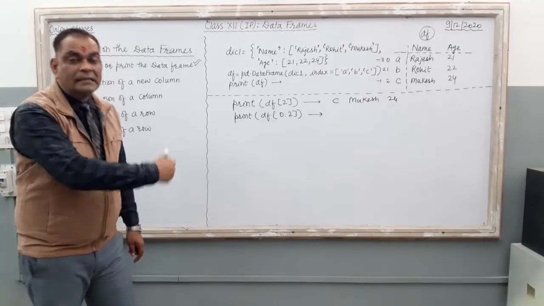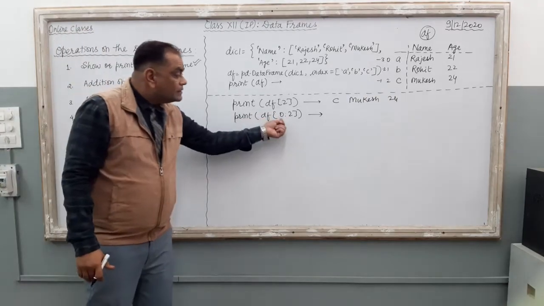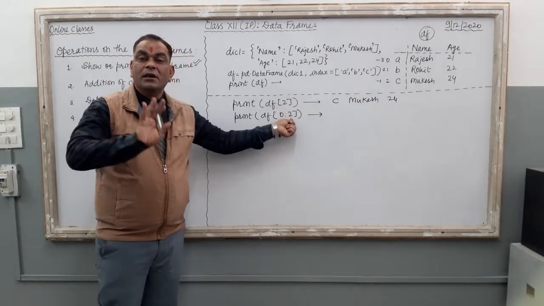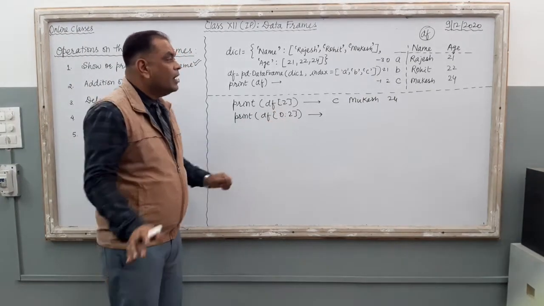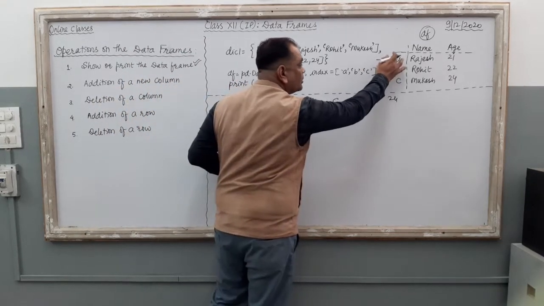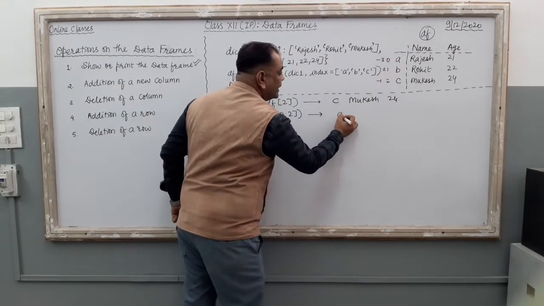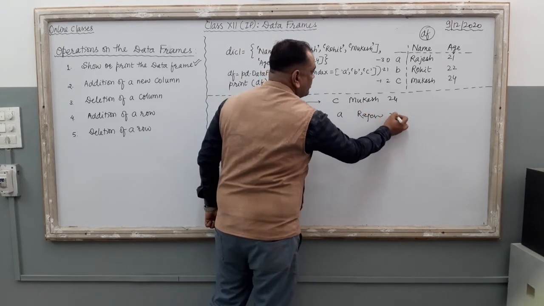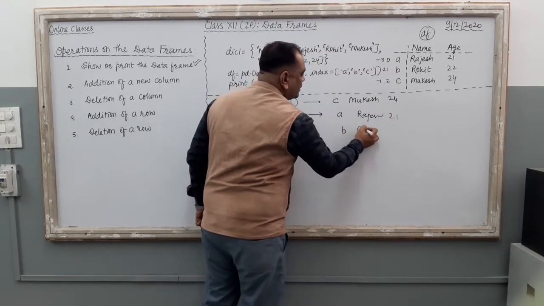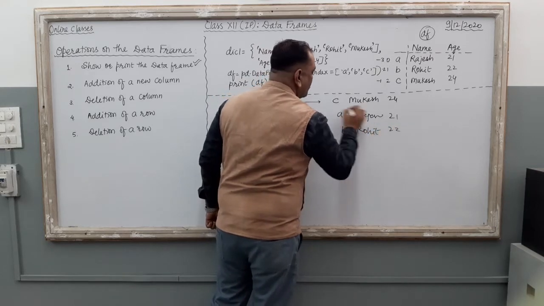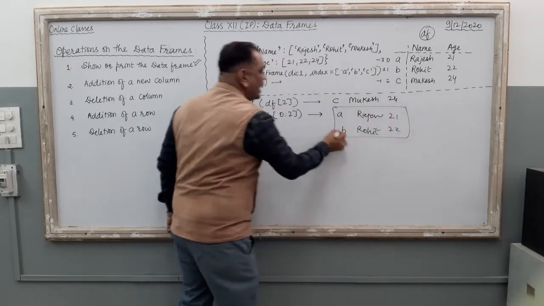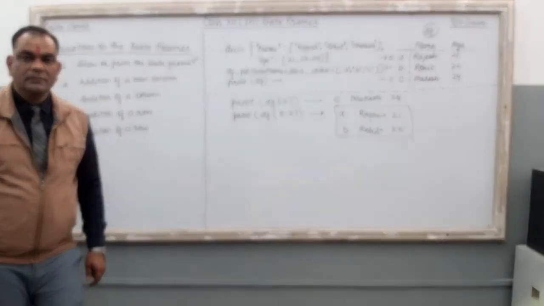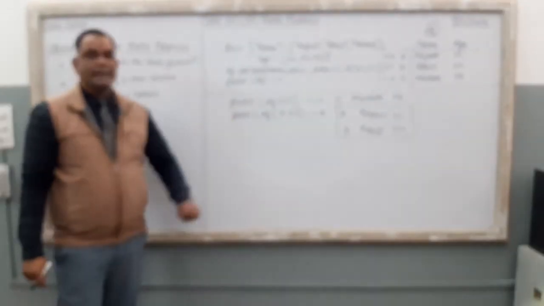Now what will display on the monitor? Here 0 to 2, 0 is included, 2 is not included, so 0 and 1. The data frame's 0th row and first row will be there: A, Rajesh, 21, B, Rohit, 22. It will be there as an output of this command, right? So this is known as slicing.